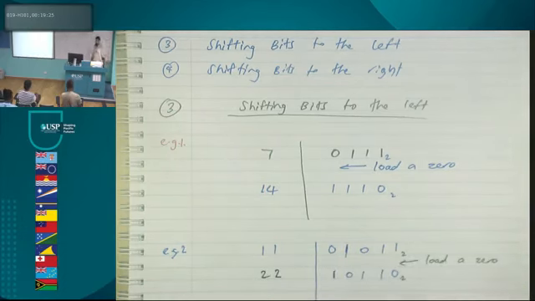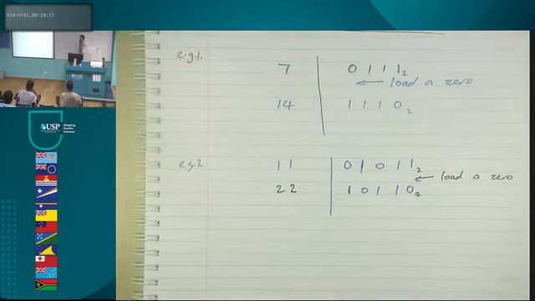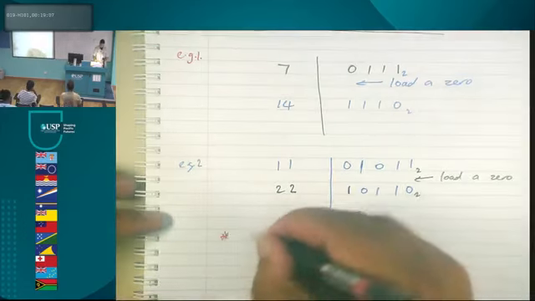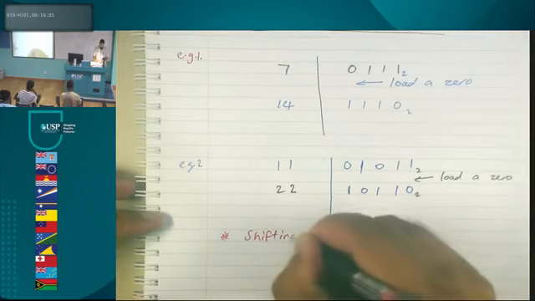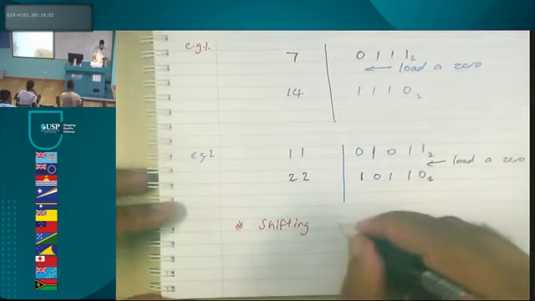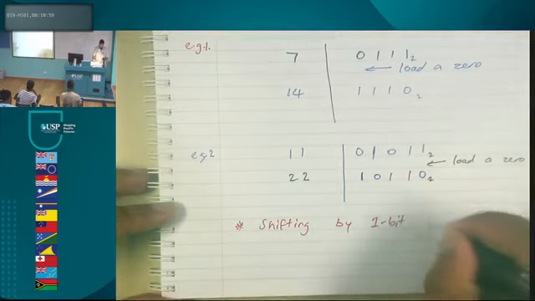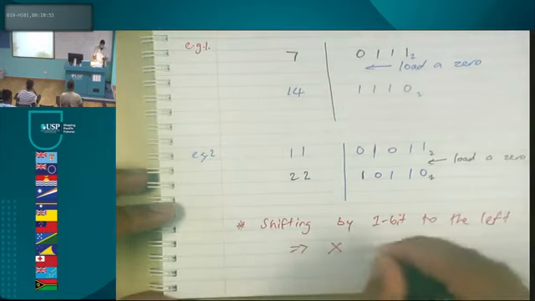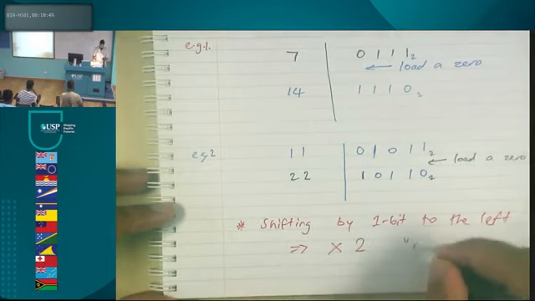22. Now, from your intuition, from these two examples, what does shifting or loading a 0 to the left mean? When you shift, obviously you've got to shift it with a 0, right? Doubles the number. Yes. So now you have figured that shifting by 1 bit to the left is multiply by 2.